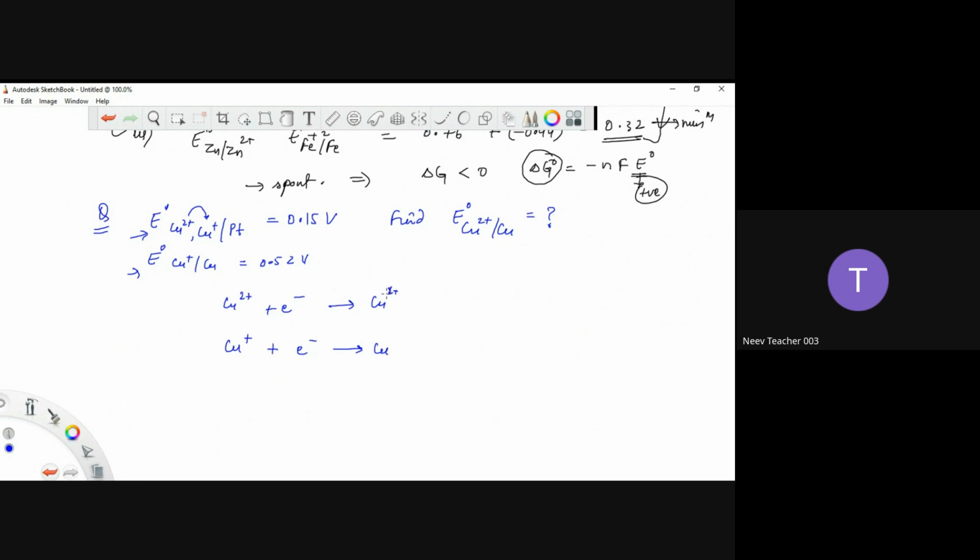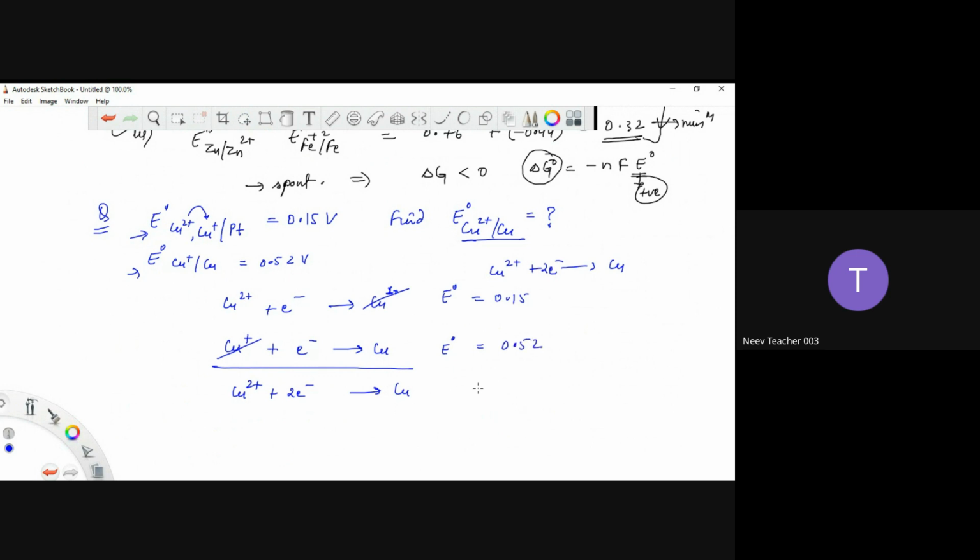What we need to obtain is Cu2 plus giving Cu by taking 2 electrons. So we can easily see we need to just add these two reactions, and the Cu plus cancels out. You're left with Cu2 plus plus 2 electrons giving Cu. Now E naught for this is given as 0.15 and for this 0.52.